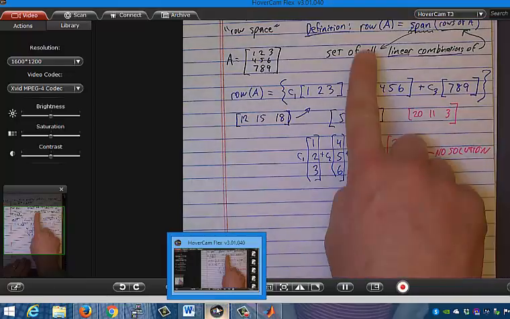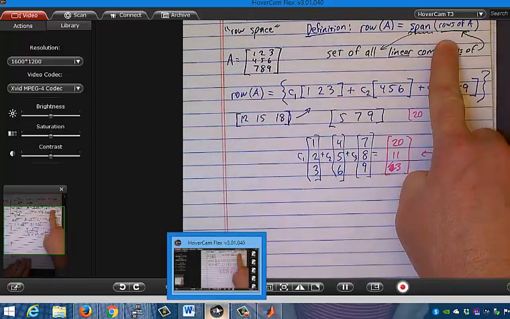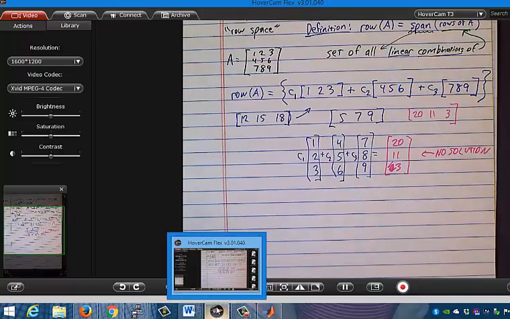But let's do this. I'm trying to describe what the row space looks like. Is the row space a subspace of R3? So that's the next claim.